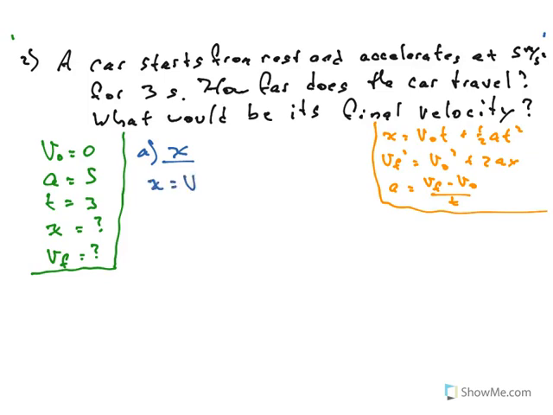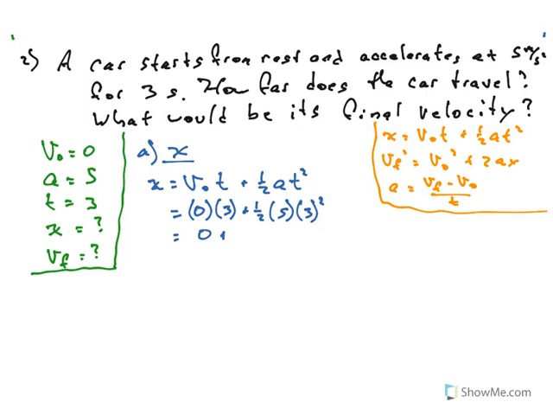X equals v naught t plus 1/2 a t squared. It's already manipulated to find x, so all I have to do is plug the numbers in. V naught is 0 times t is 3 plus 1/2 acceleration is 5, 3 squared. All right, 0 times 3, that's just 0, plus 1/2, 5 times 3 squared.